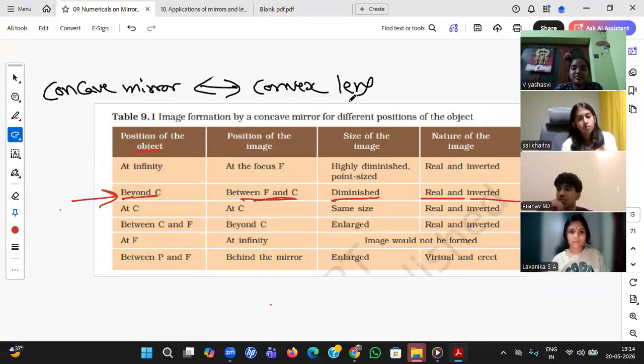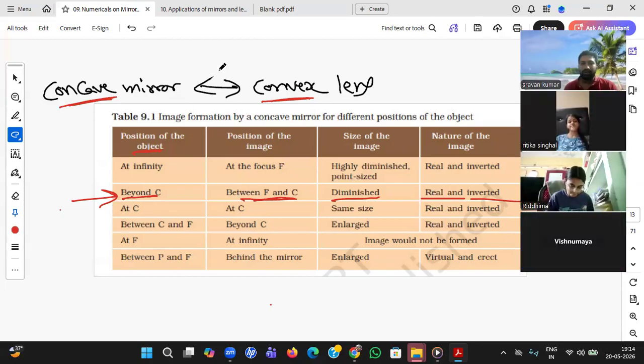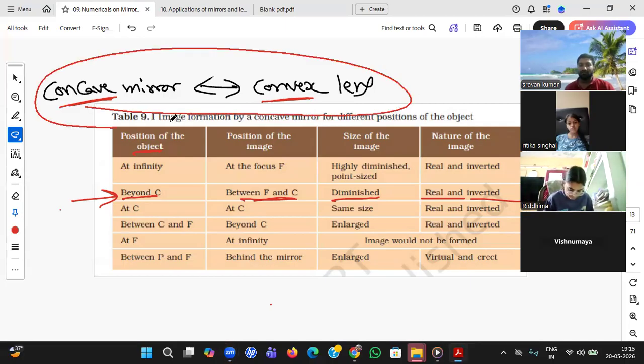By the name, at least it should match with concave lens, right? But why like that? Oh, very good. Who is this? Pranav. Super. Think, students. Other students think. Why are they matching?